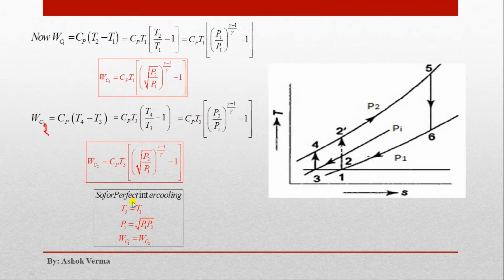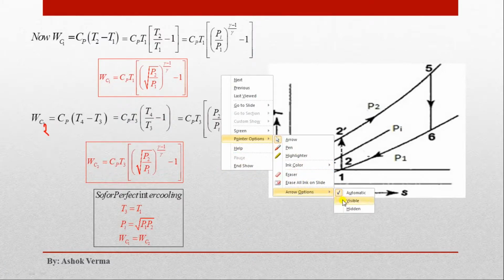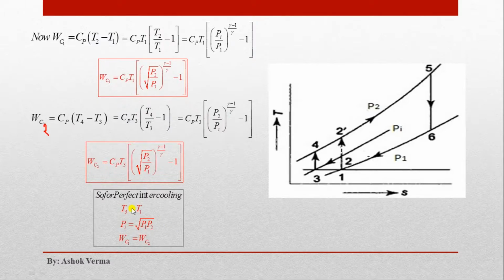So here we are concluding that with perfect intercooling, T3 will be equal to T1 and the optimum pressure will be square root of P1 P2, and WC1 will be equal to WC2. Means the work done for compressor 1 will be equal to the work done for compressor 2.